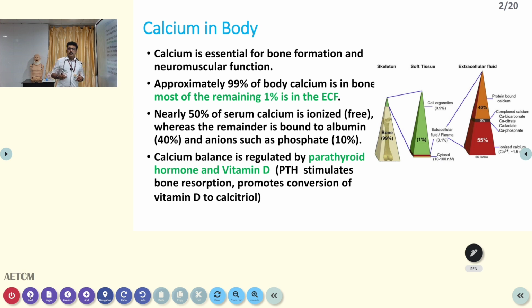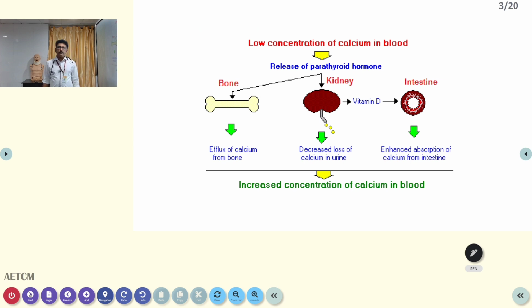Again, that depends on the levels of calcium. When the calcium levels are high, that secretion reduces. When the levels are low, it increases. Like that, various mechanisms are there to control calcium metabolism. We are not going into the details of that. But whenever calcium is low in our body, parathyroid hormone is released.